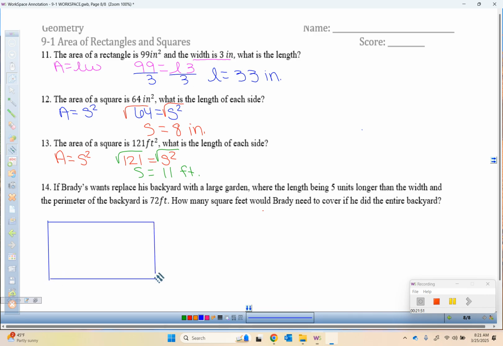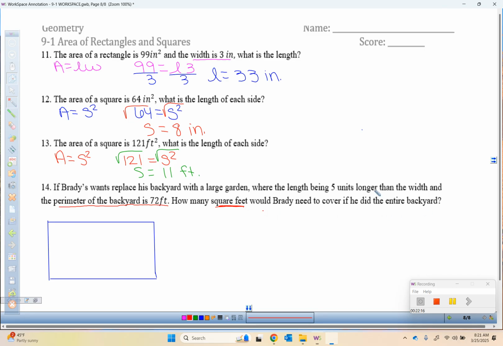He wants to replace this whole backyard with a garden. The length is 5 units longer than the width. The perimeter, meaning all the way around it, is 72 feet. So I know this plus this plus this plus this is going to be 72. How many square feet? Square feet is the area.